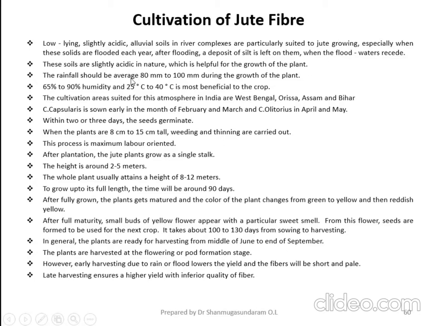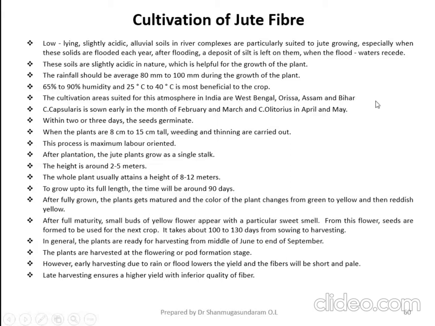The rainfall should average 80 mm to 100 mm during the growth of the plant. 65 to 90% humidity and 25 to 40 degrees Celsius is most beneficial to the crop. The cultivation areas in India with this atmosphere are West Bengal, Orissa, Assam and Bihar.